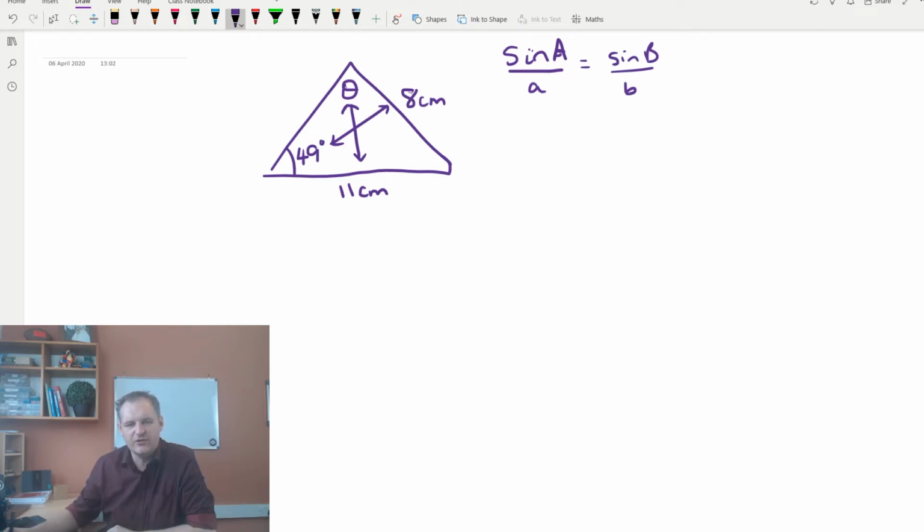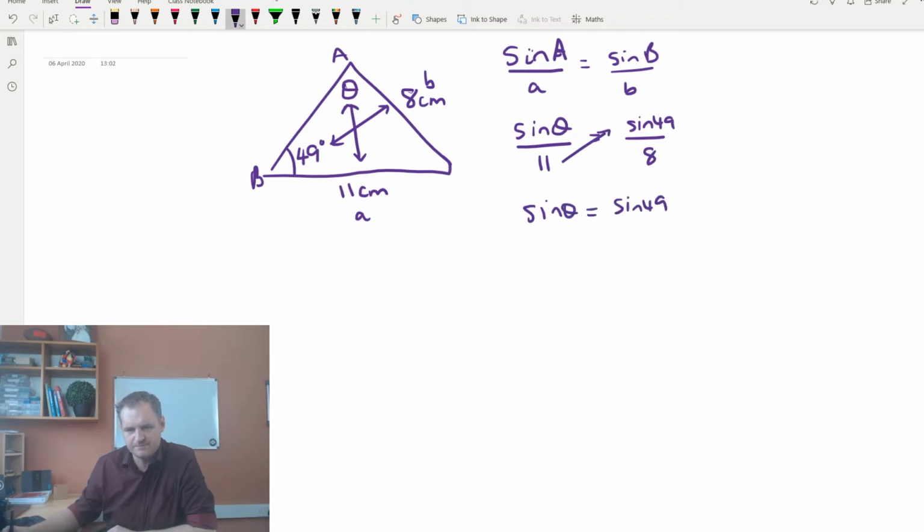What this means is sine of our thing we're finding is 11. Remember, we can label it A, little b, b, is equal to sine 49 over 8. So we then get sine theta on its own by doing the same thing as before, times what's on the bottom: sine 49 over 8 times 11.